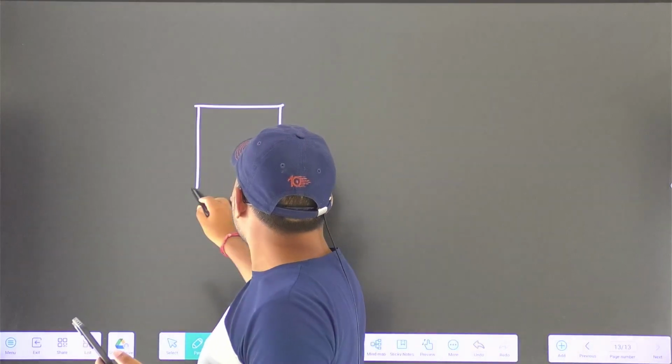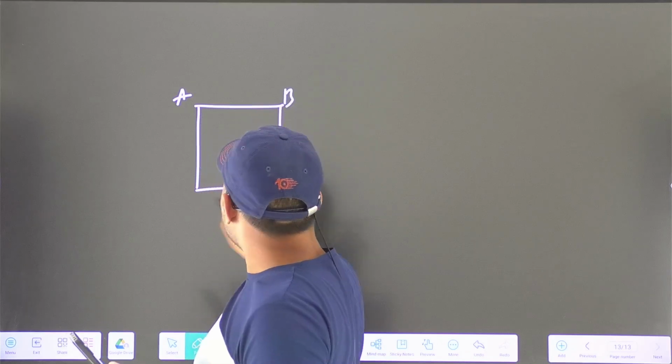So there is a square with 4 vertices ABCD, right?